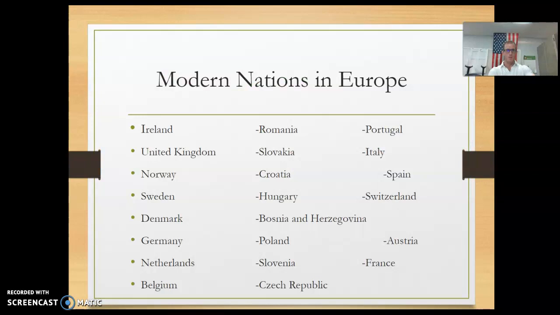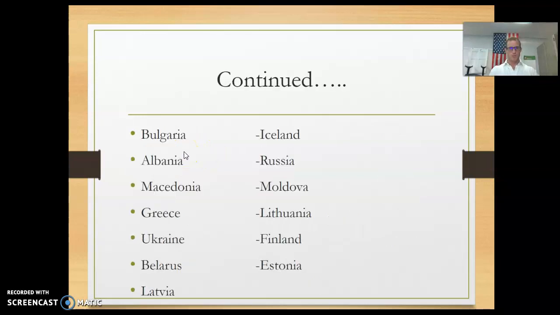And then in Europe, when you look at the countries of Africa, they're going to be much larger than the countries of Europe. So you have Ireland, the UK, Norway, Sweden, Denmark, Germany, Netherlands, Belgium, Romania, Slovenia, Croatia, Hungary, Bosnia, Herzegovina, Poland, Czech Republic, Portugal, Italy, Spain, Switzerland, Austria, and France. So the United Kingdom is going to be Scotland, Wales, England.